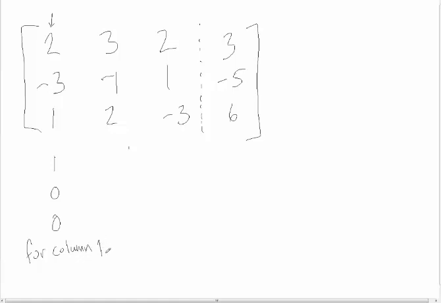that get us there? So we can say the first thing we do is take row 1 times 1/2, and that becomes row 1.